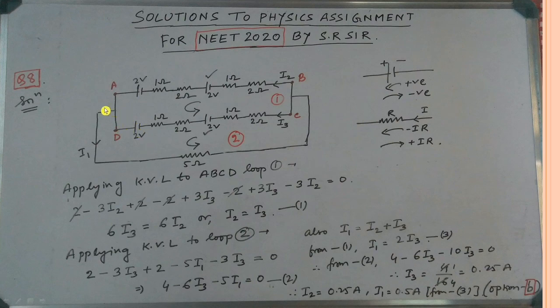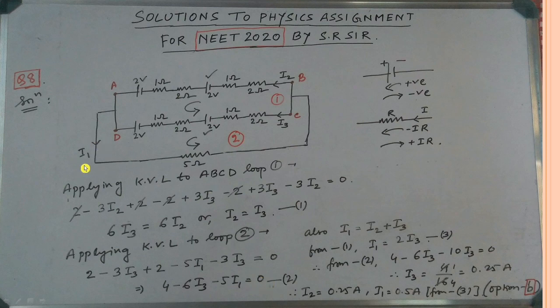We come in this direction with I1, so minus 5 I1. Again we return through loop 1, going along I3, so 2 plus 1 gives me minus 3 I3, equal to 0. Simplifying this, we get 4 minus 6 I3 minus 5 I1 equal to 0.